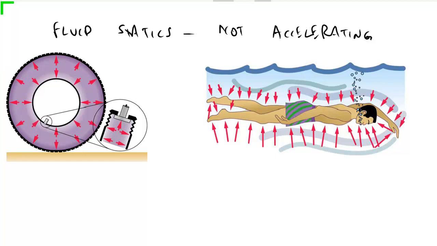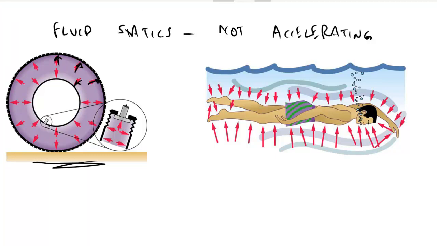So if you look at the tire over here, the pressure is these arrows here, and it's just like any other vector, in which the length of the arrow represents its magnitude, and the direction is its direction. You notice that all the pressure is always perpendicular to the surface which it acts on.